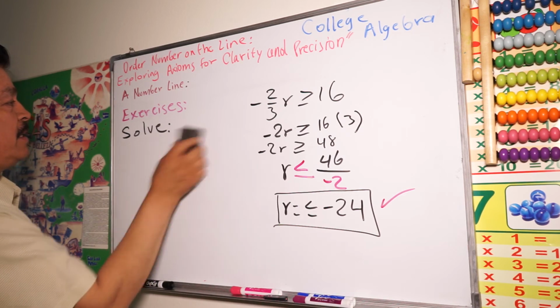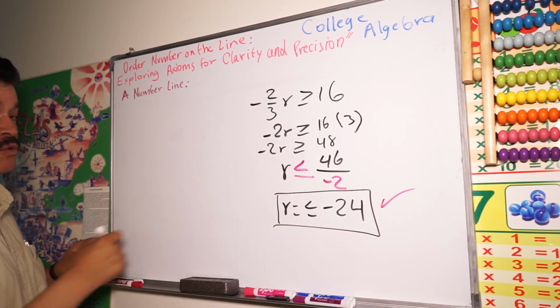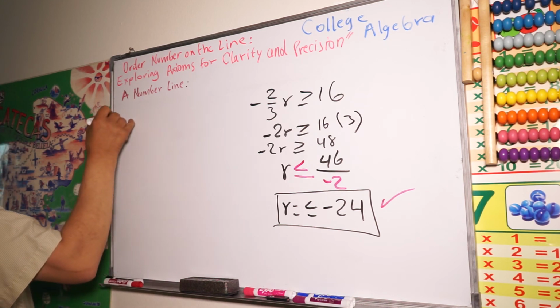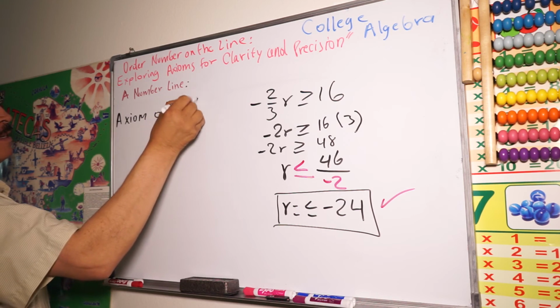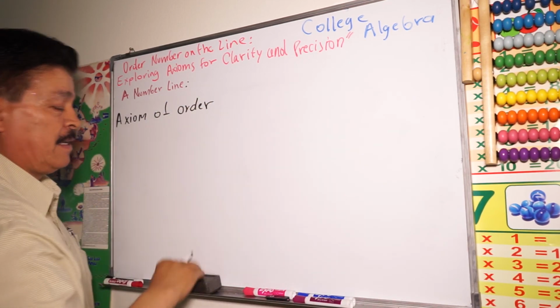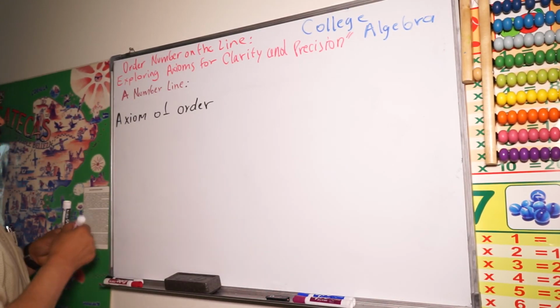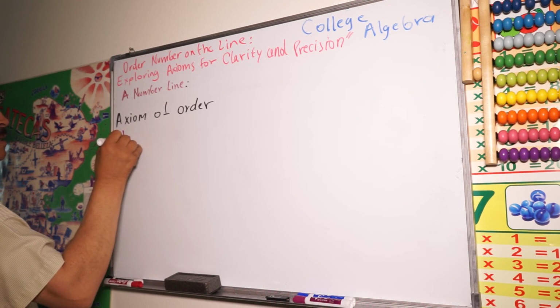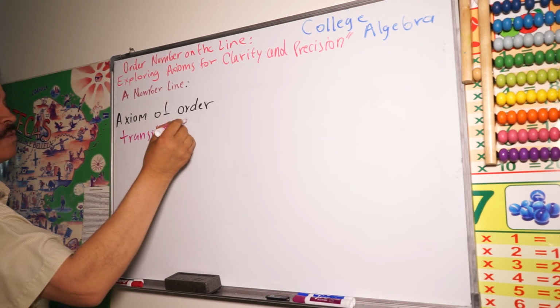Let me write right here some axioms. So axioms of order. These could be the transitive axiom.